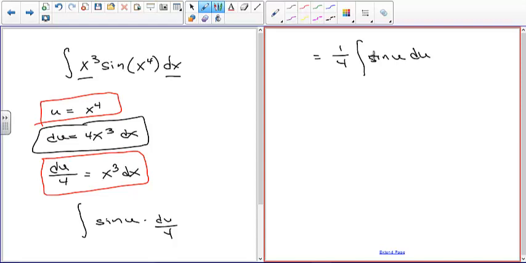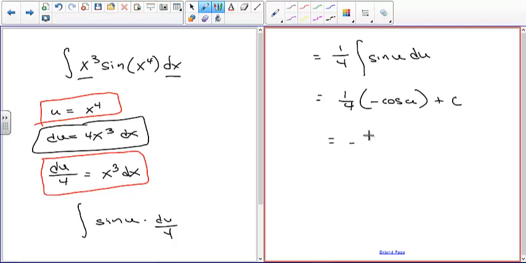So because of that, we can use the formula. So the integral of the sine of u du is negative the cosine of u. And because we're dealing with indefinite integrals, we add our arbitrary constant c right now.